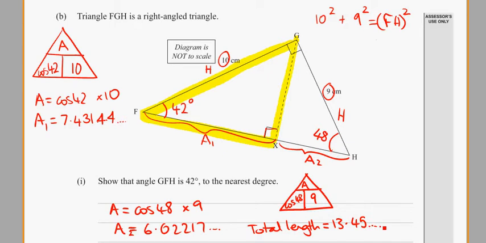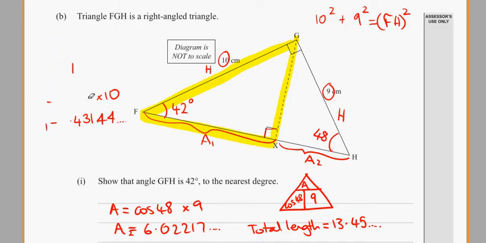Right, so need some more space. You'll be writing down below. I'm ready to try Pythagoras' theorem. Obviously the left hand side, 100 plus 81 is 181.